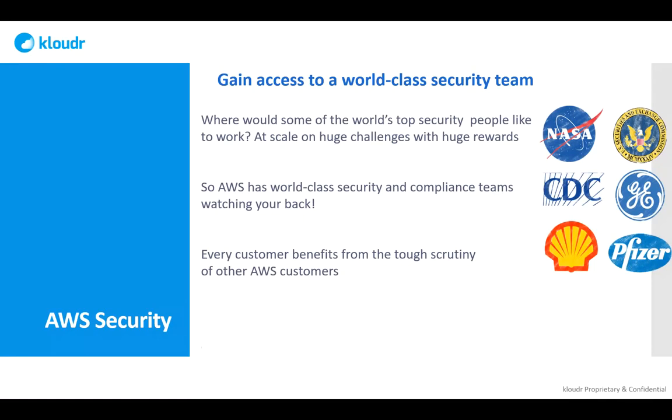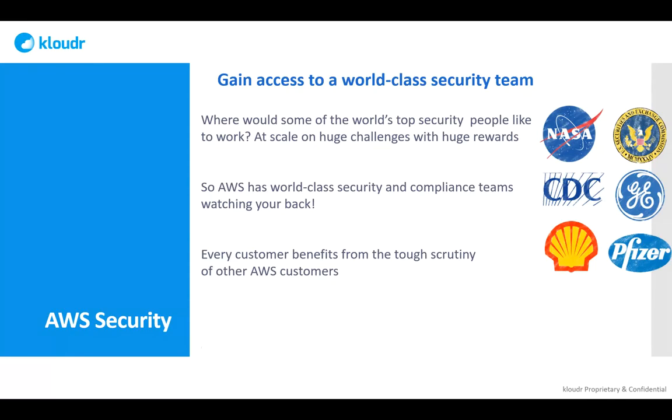When you host your infrastructure on AWS, you are gaining security features that are validated by security experts and compliance teams working around the clock, watching your back. We cannot talk about security without talking about the compliance and security certifications that the host provider has. For example, AWS has customers like NASA and the CDC using some of its services.